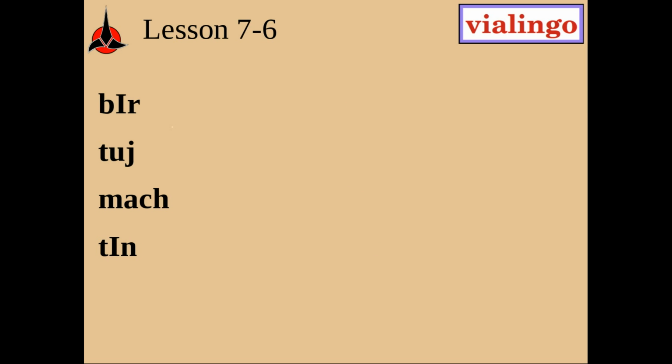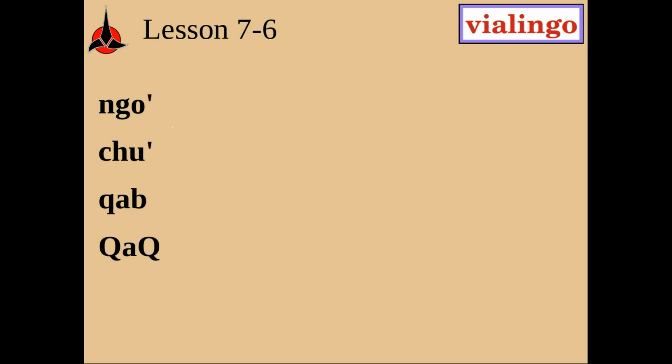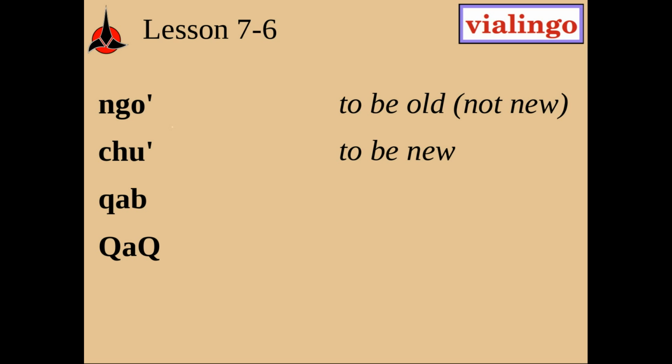What is the English for beer? To be cold, for tlha. To be hot, for march. To be small, for tin. To be big, for ghop. To be old, as in not new, for chu. To be new, for carb. To be bad, for khak. To be good.